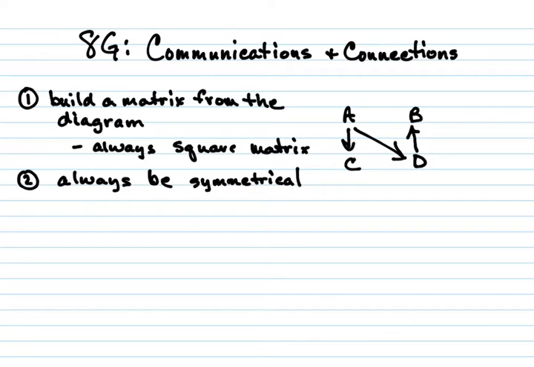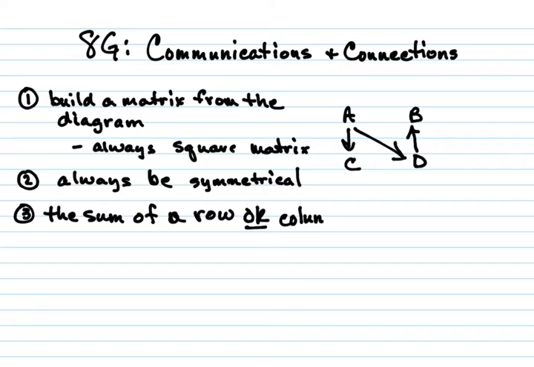So third, the sum of a row or column, because again, these things are symmetrical, it doesn't matter which one, will always give the number of connections.